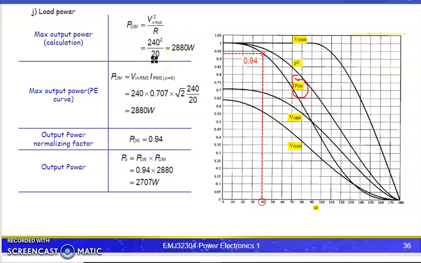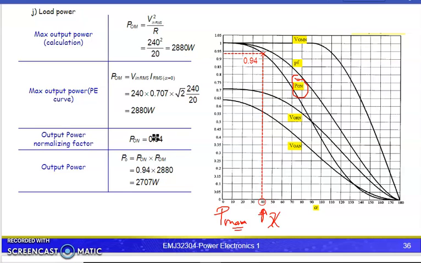Okay, if we refer to our P curve, P output maximum, the maximum load power, means the maximum power capability, P max, not the P at 40 yet, but P max.